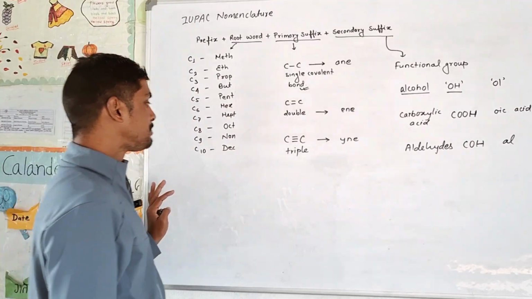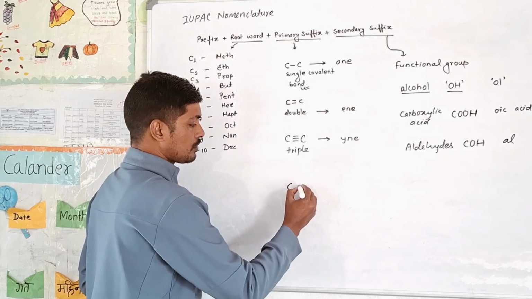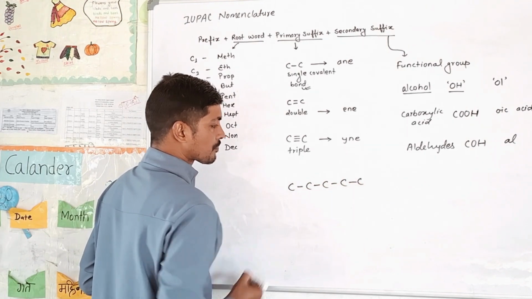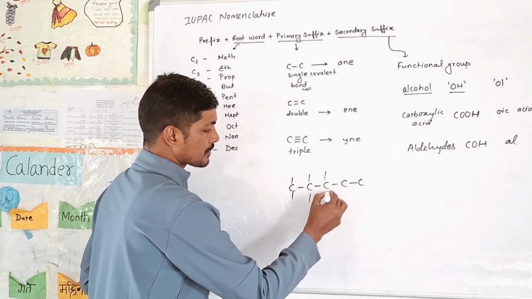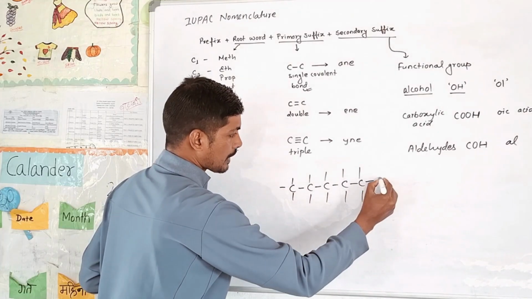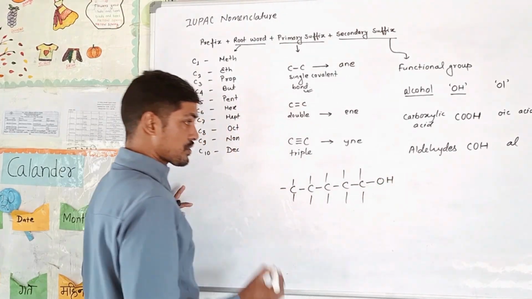Suppose we have a hydrocarbon like this. First of all, let's see the number of carbon atoms, and suppose we have here the functional group OH.